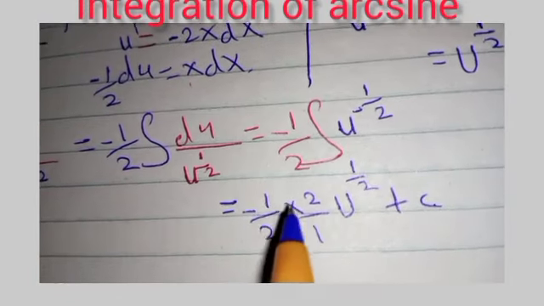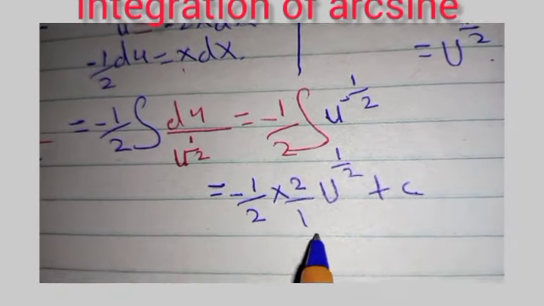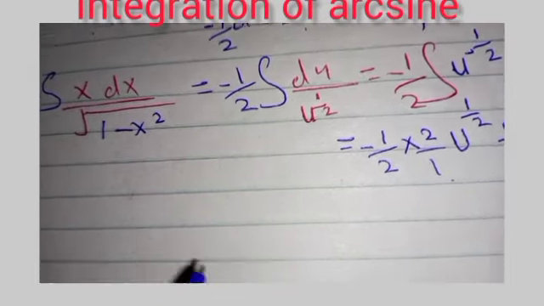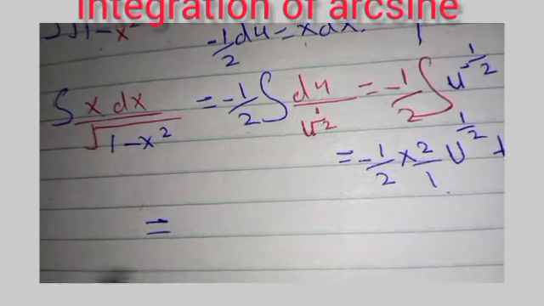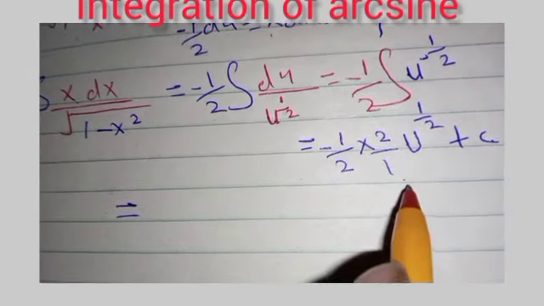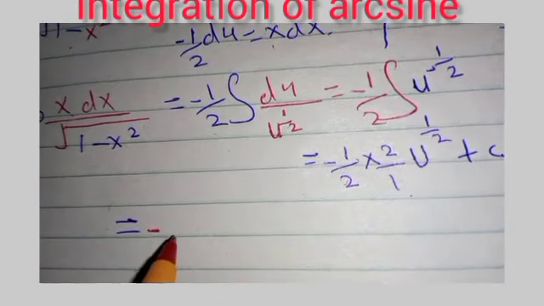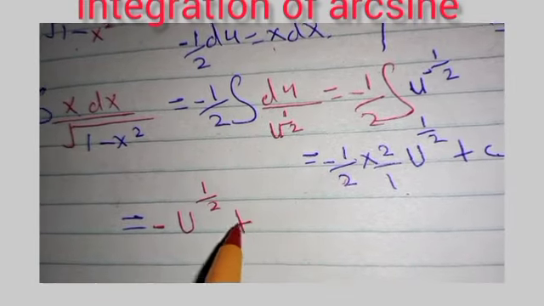When we divide by half here, it is the same as 2 times that. So that is what we obtain there. Meaning that the integral of this part, there is a negative here, so 2 and 2 will cancel, and you will have negative of u power half plus constant c.